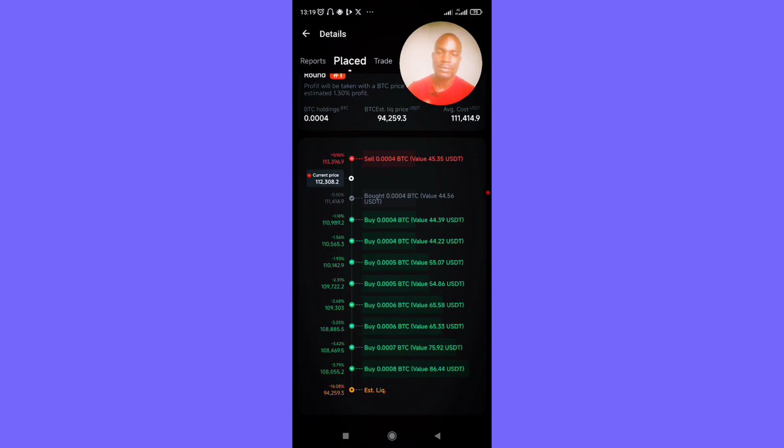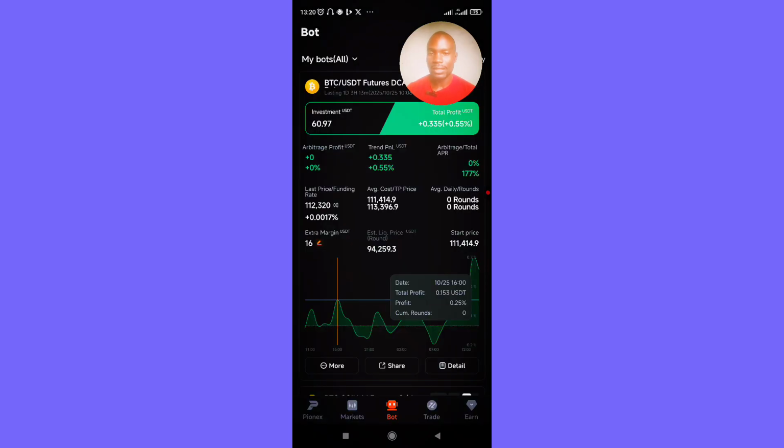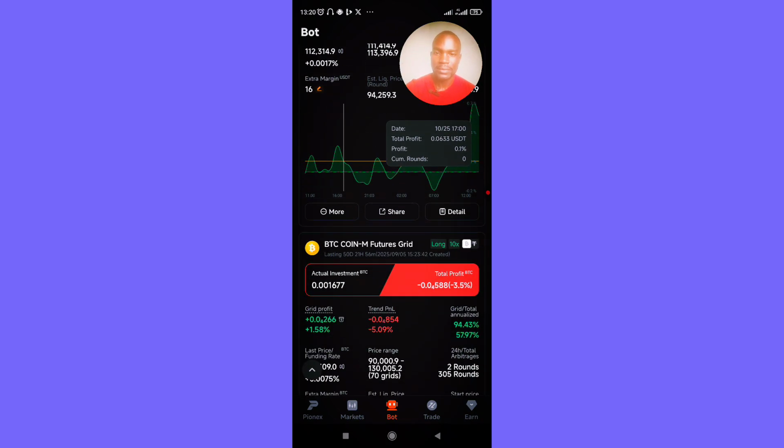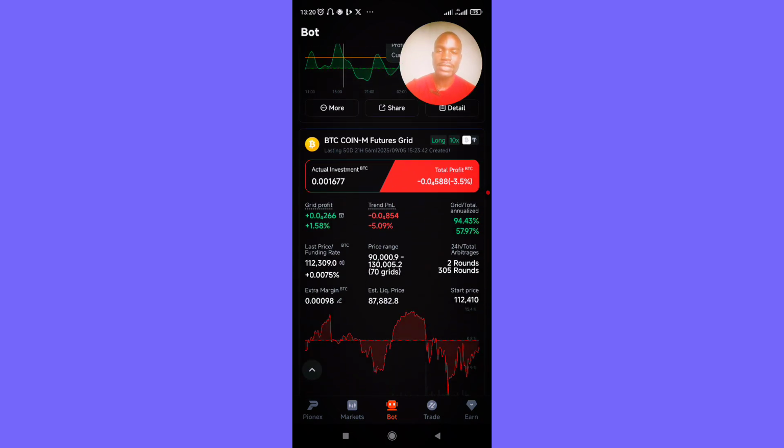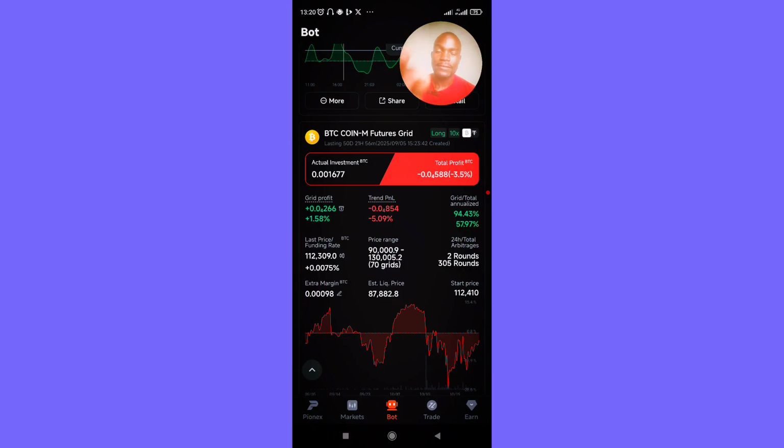So you can see from this bot, I will be liquidated when the market reaches 94.2k. The beauty is that I can again increase my extra margin to make this liquidation price even lower. As I've compared this bot with the one I was running earlier, which is the Bitcoin coin and futures, the Futures DCA bot makes way more profit than this coin and futures.